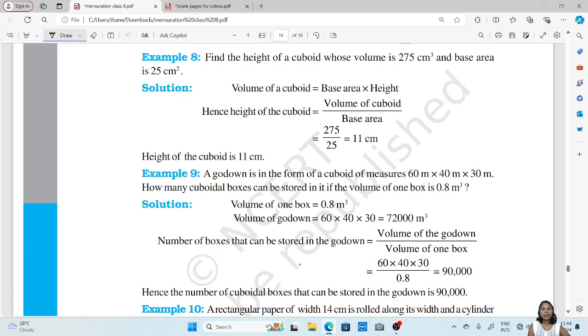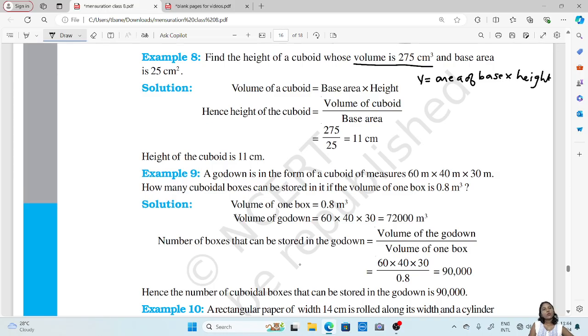Find the height of a cuboid whose volume is 275 centimeter cube and the base area is 25 centimeter cube. So here, the first thing, we already know the volume, and our formula for a cuboid is area of base into height.